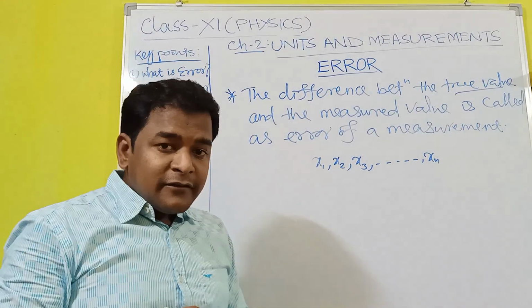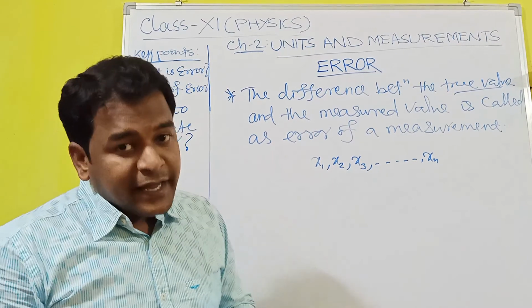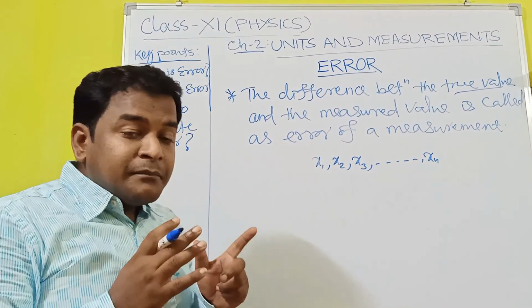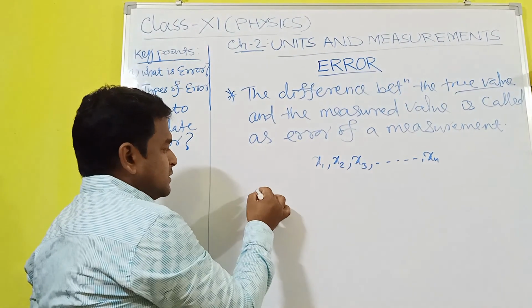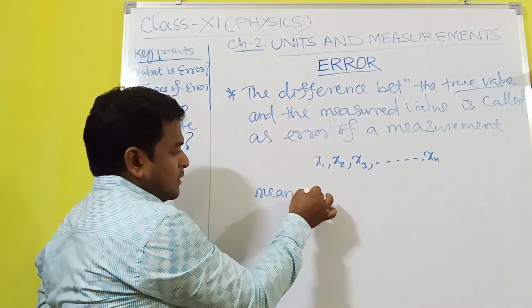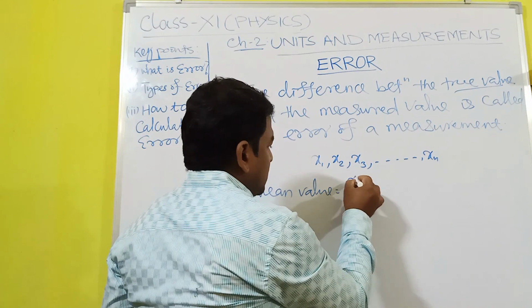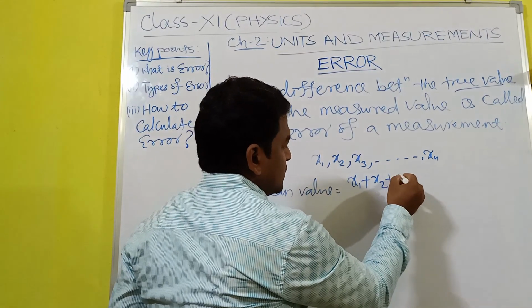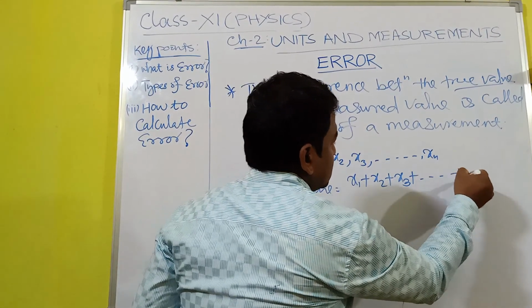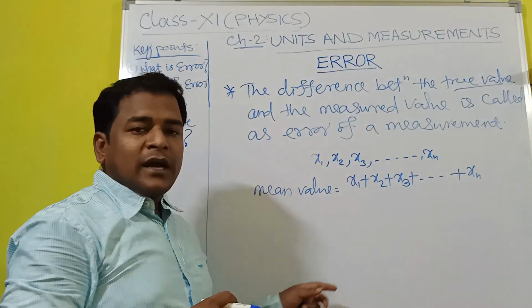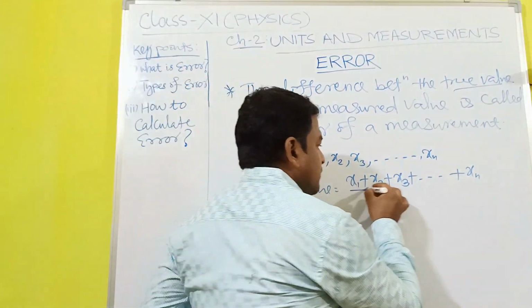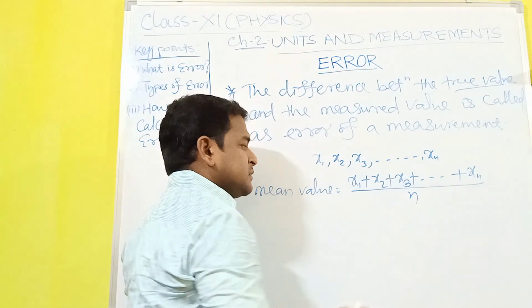The number of observations is n. The mean value will be x1 plus x2 plus x3 up to xn, that is the total measured value divided by the total number of observations n.